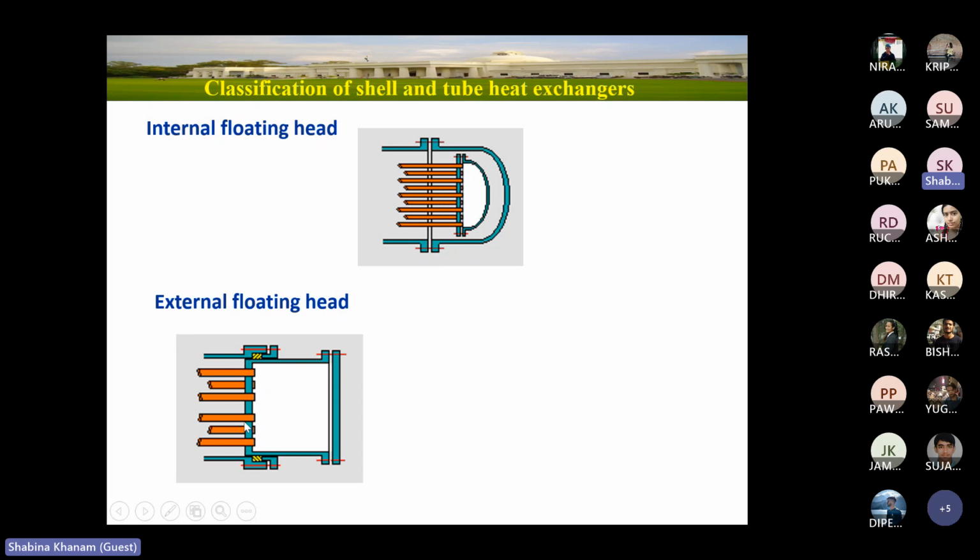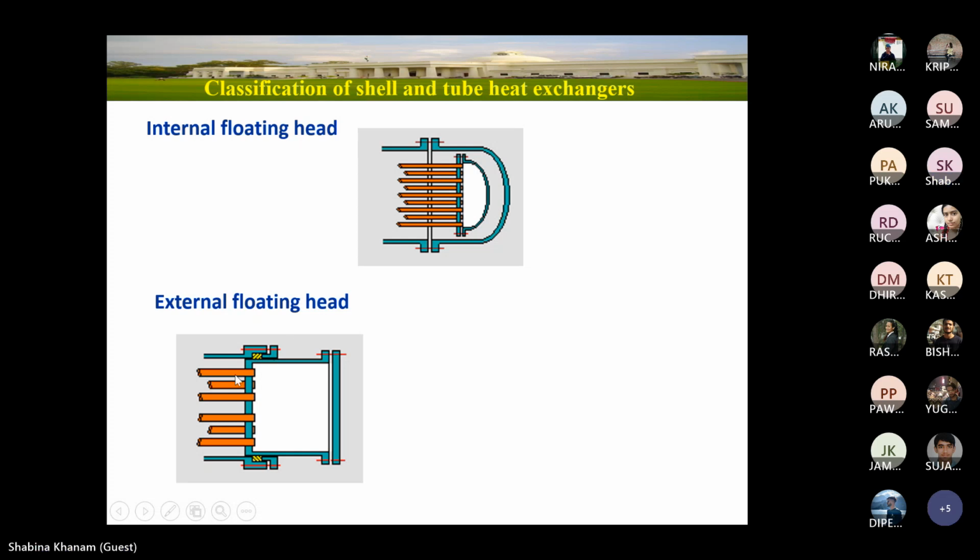This tube sheet is attached to this cover, where the tube sheet can move forward and backward. It slides over here. So this we consider as external floating head, a specific type of assembly over which this tube sheet floats, or we can say slides, in backward and forward direction.